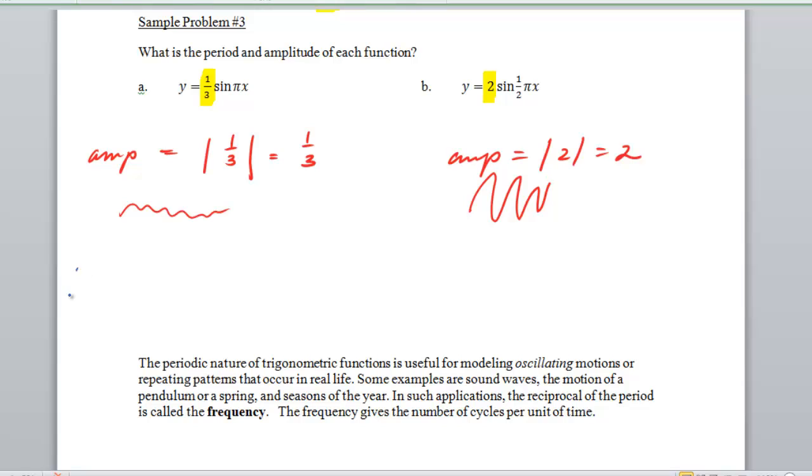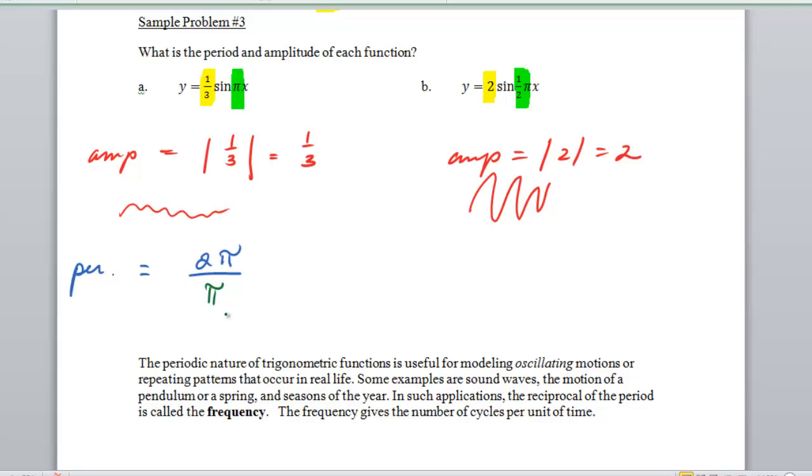The period, on the other hand, is going to be 2 pi divided by the absolute value of the given b value. In this case, for part A, we have just pi, and the absolute value of pi is pi.